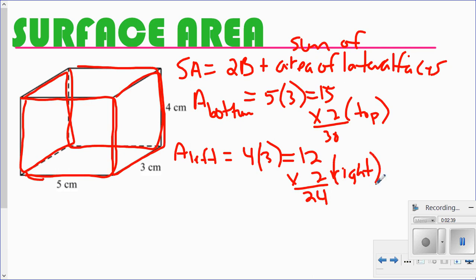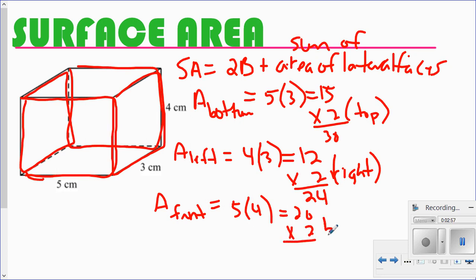And I did the top and the bottom, the left and the right, so now I'm going to look at the front and the back. So looking at the front, that's 5 by 4, and that's 20. But I'll, of course, double that for the back. And that gives me 40.